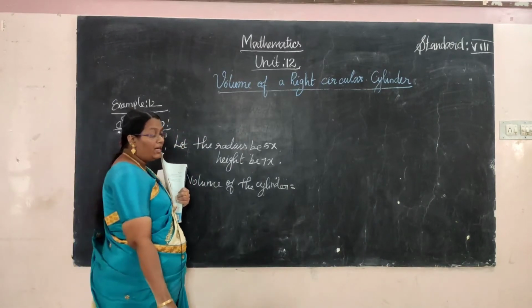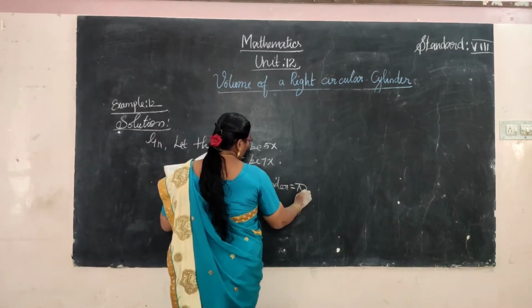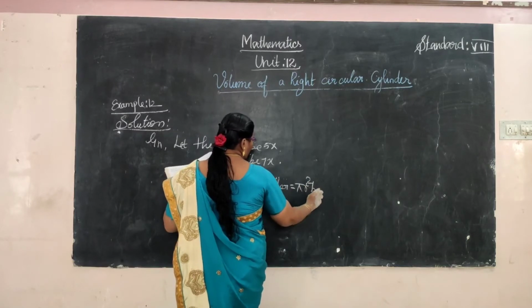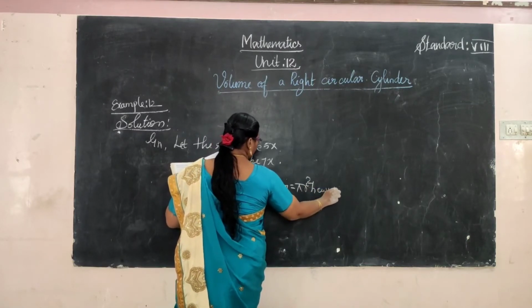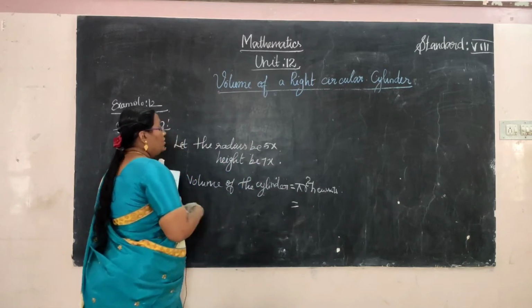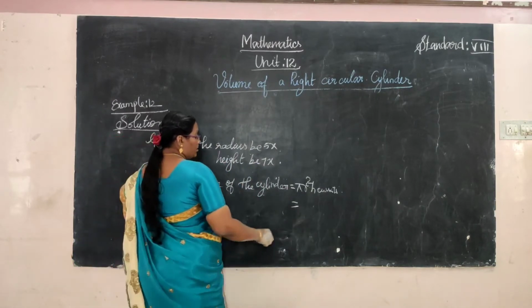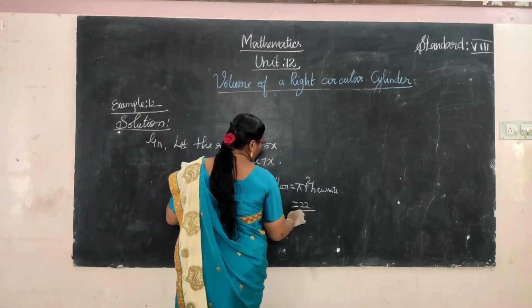Pi r square height cube units. So now substitute the values. Pi value is 22 by 7.